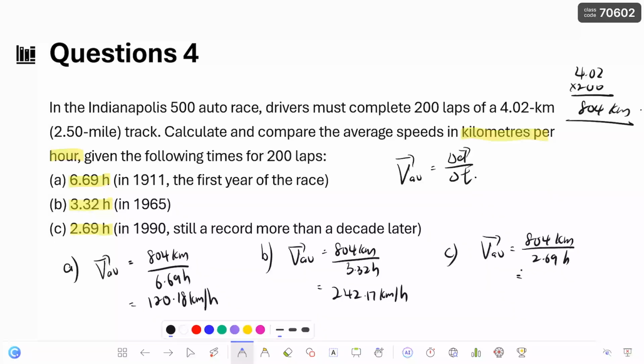So the answer should be 298.88 km/h. Okay, so obviously the distance traveled are same, but since the time are decreasing, we can actually know that the average speed are actually increasing. Okay, it's actually increasing in each year.